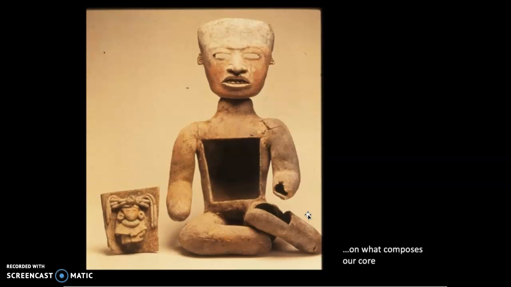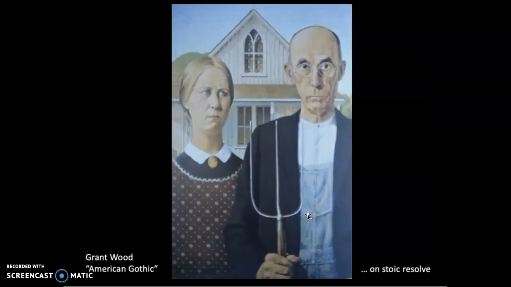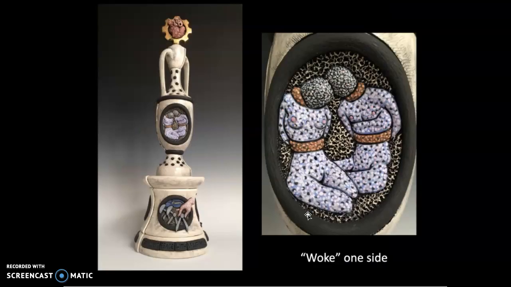This is a Mesoamerican piece that just intrigues me. Or Grant Wood on romanticizing culture and the values of this culture, like stoic resolve, right? Or questioning the values of that culture or any culture. And I'll show you an example of my own work, which tends to do that. Sometimes it's a little serious, but here's one piece that I made not too long ago called Woke, right?